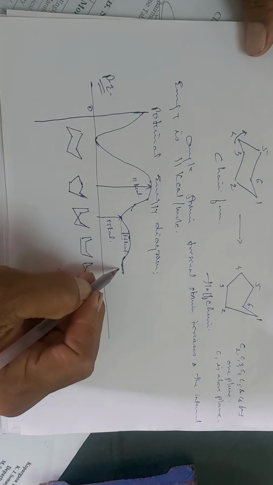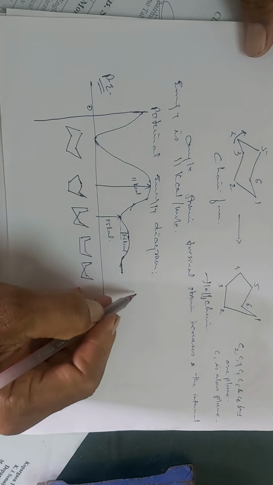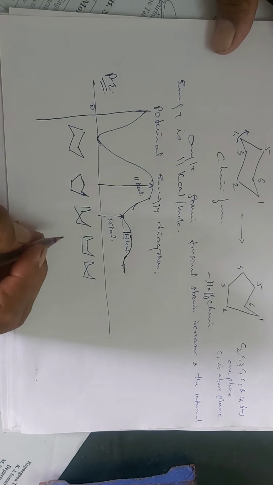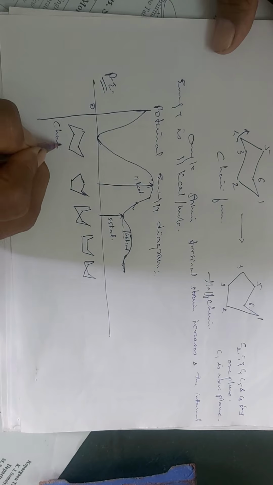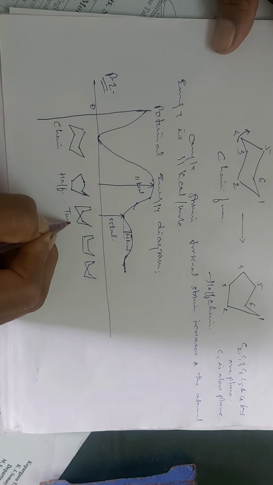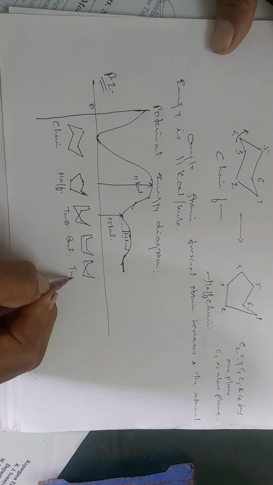So here this is your twist boat conformation, and so this is the potential energy relationship. So this is your chair conformation, half chair conformation, then twist, then this is your boat, and this is again twist boat.